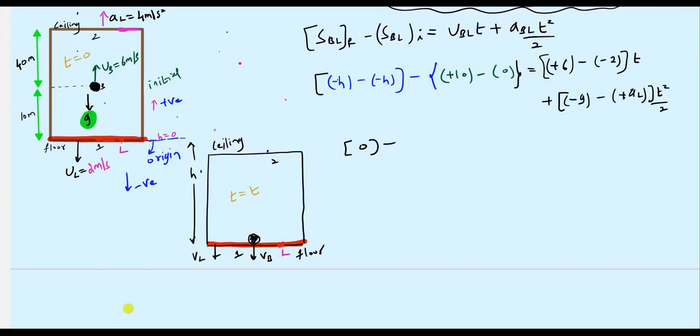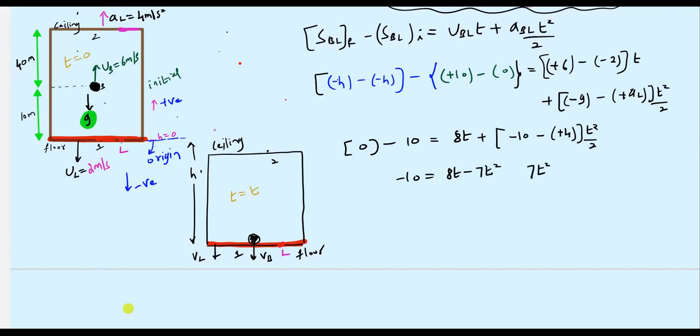This will be 0, minus 10, 80, plus minus 10, plus 4, t square by 2. So minus 10, 80, minus this will be 7 t square.